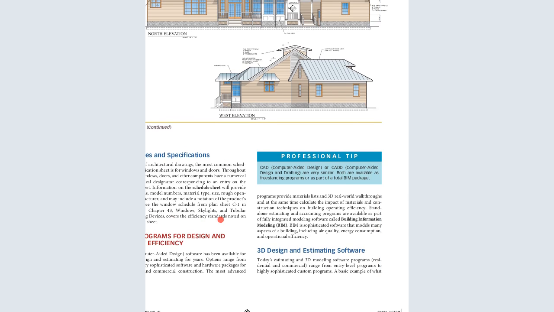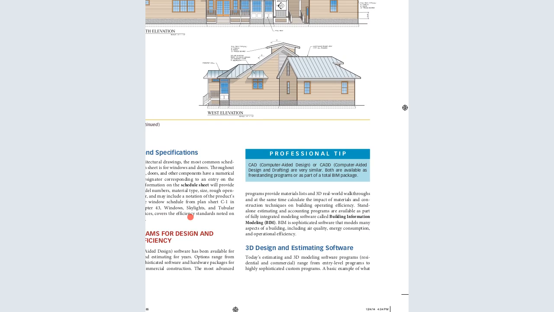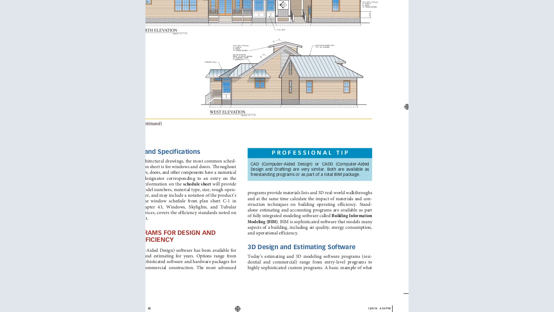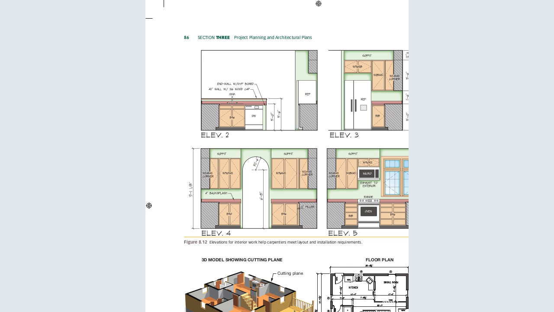So it's very important for you to know how to use this software. So, design and estimation software. Today's estimating and 3D modeling software programs, residential and commercial, range from entry-level programs to highly sophisticated custom programs. A basic example of what is there.